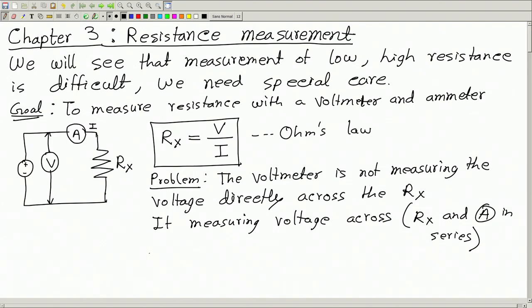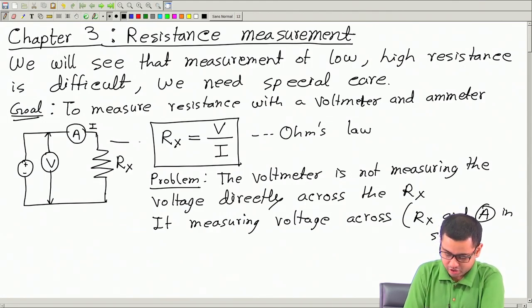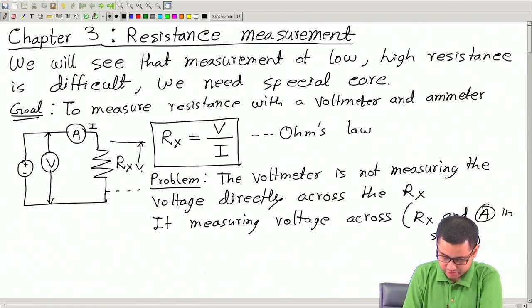So this voltage is not the voltage across this resistance, so there is an error, because according to Ohm's law, Rx is V by I only if this voltage is the voltage across Rx, call it Vx.